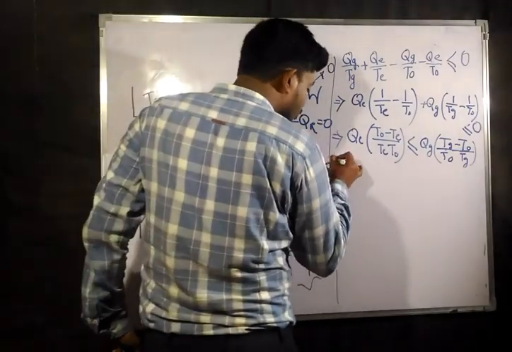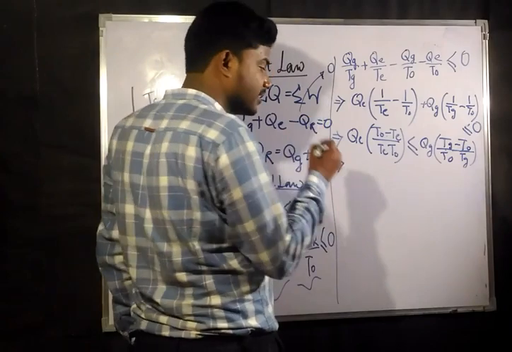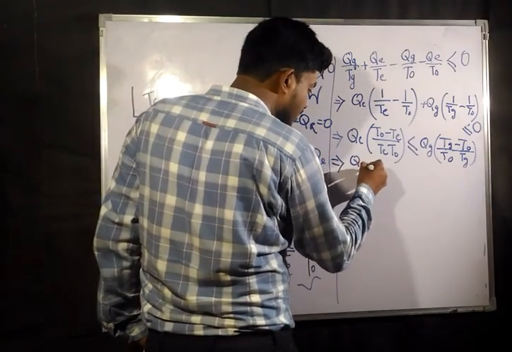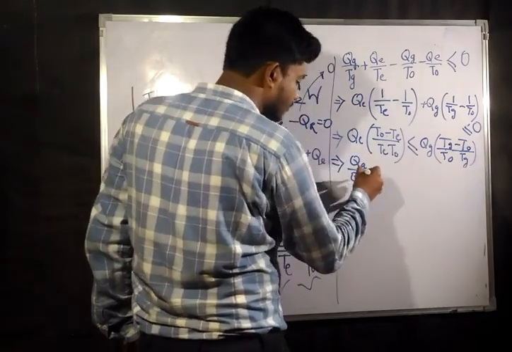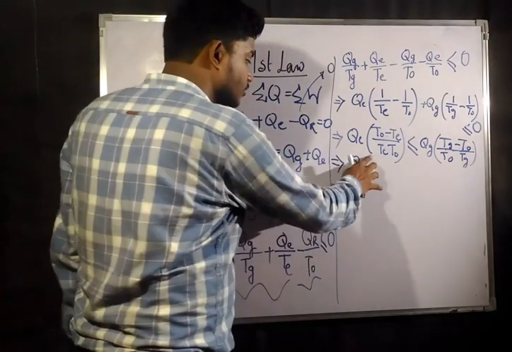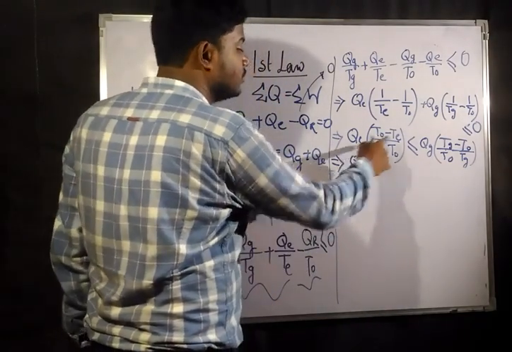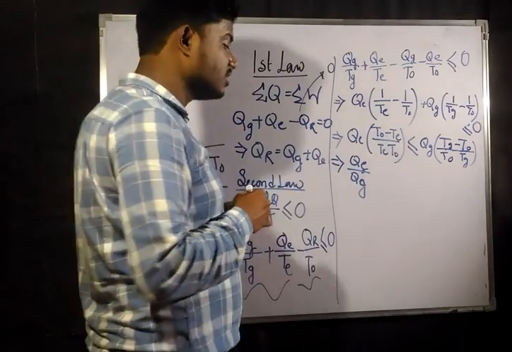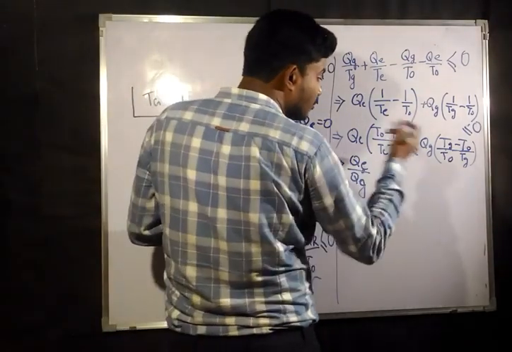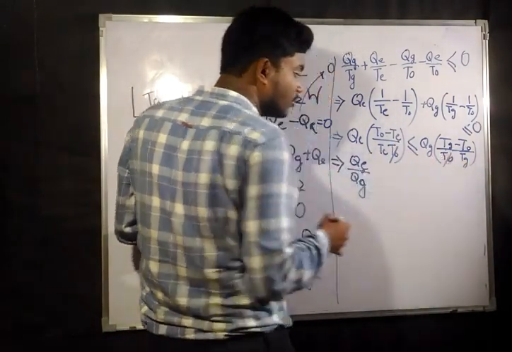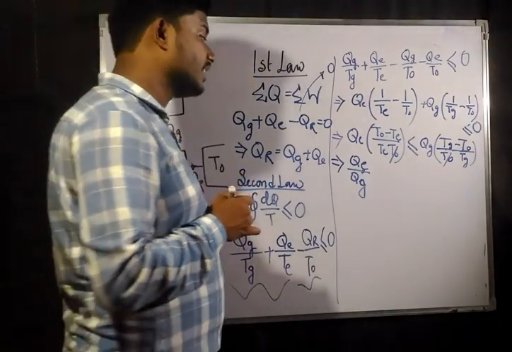Now from here we are doing some cross multiplication. That means we are taking Qg in the denominator here, so this is going to be Qe by Qg. Qg is going to be the denominator here, and from both these parts T naught and T naught is common, so we are cancelling out T naught.